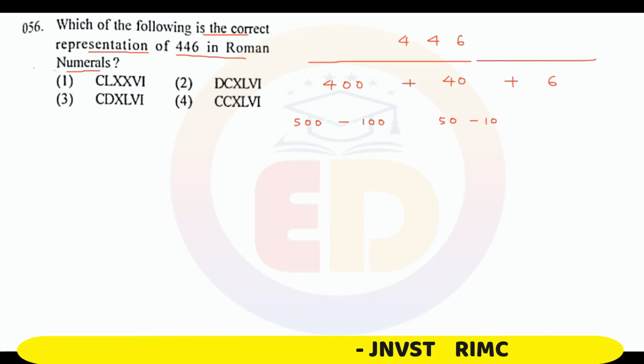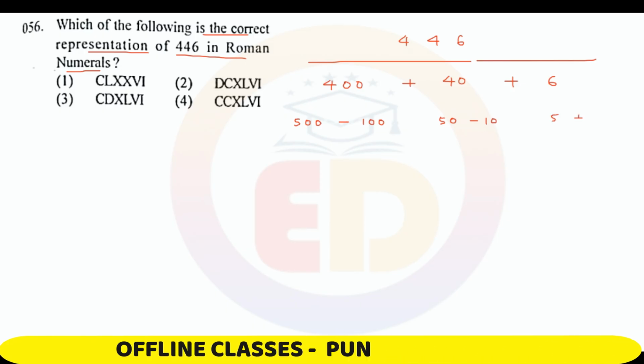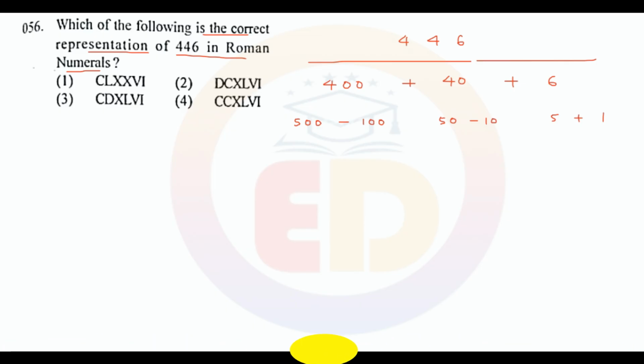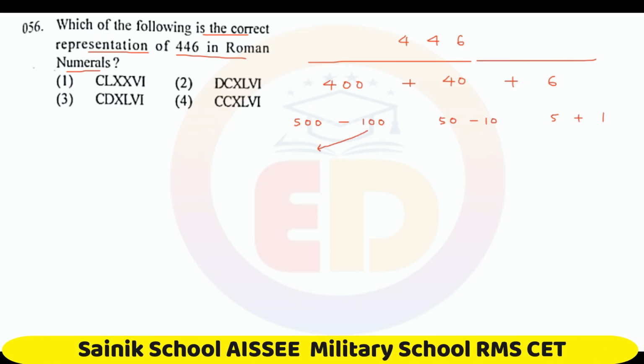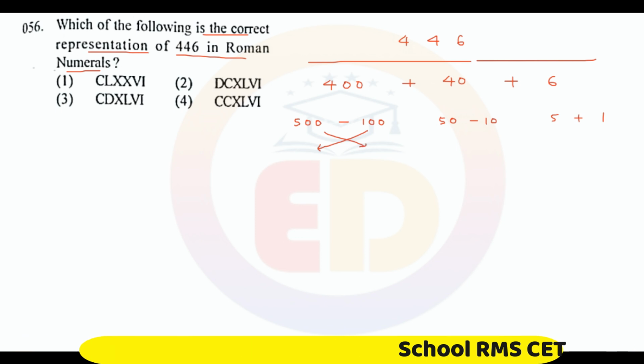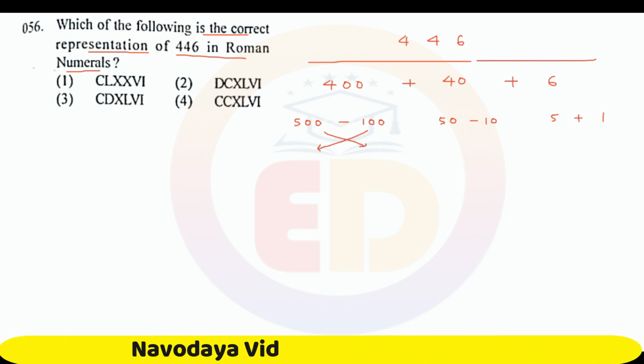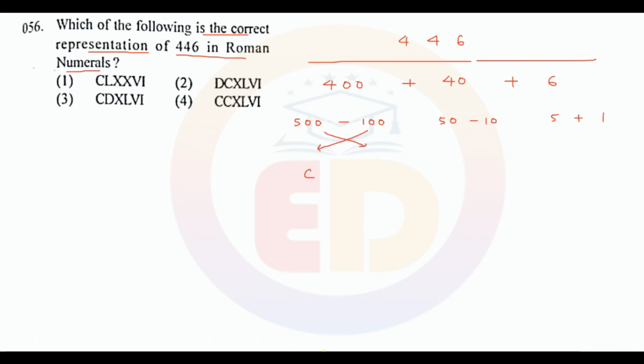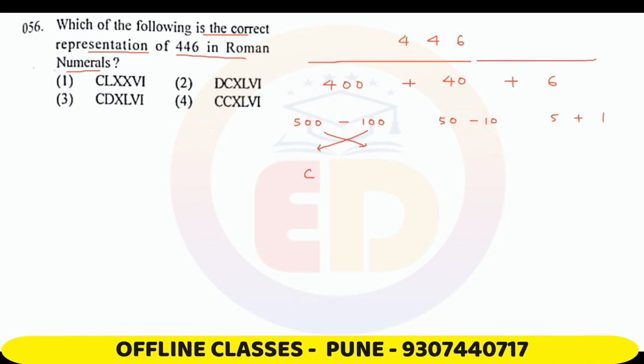And 6 can be written as 5 plus 1. For subtraction, we know the smaller symbol 100 should come first and the greater symbol 500 should come later. So the smaller symbol 100, C, should come first and the symbol of 500, D, should come later. So it is CD.